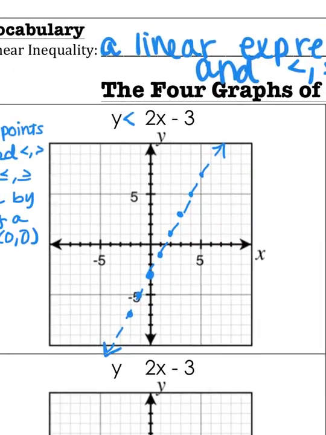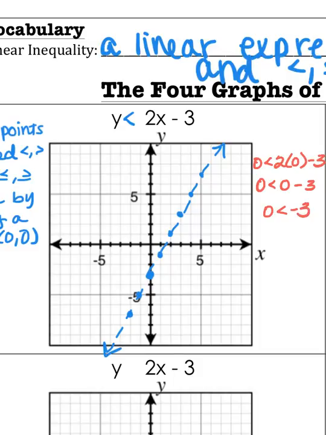So all I'm going to do is plug in 0 for x and 0 for y. So I would have 0 less than 2 times 0 minus 3. So 0 less than 2 times 0 is 0. Minus 3, that gives me 0 is less than -3.